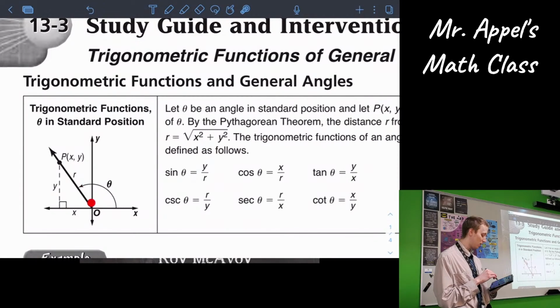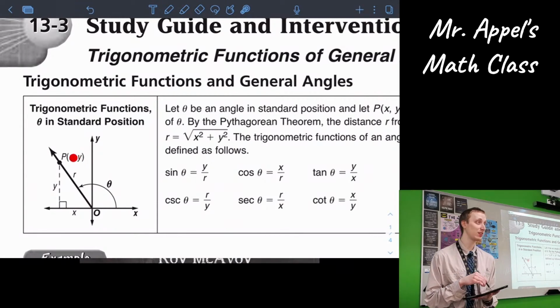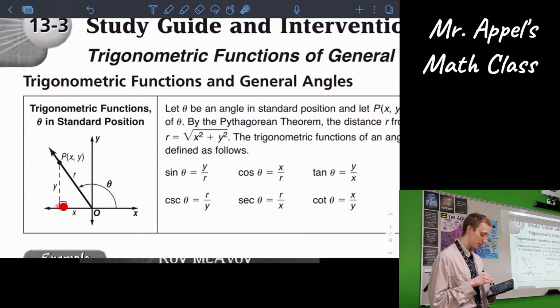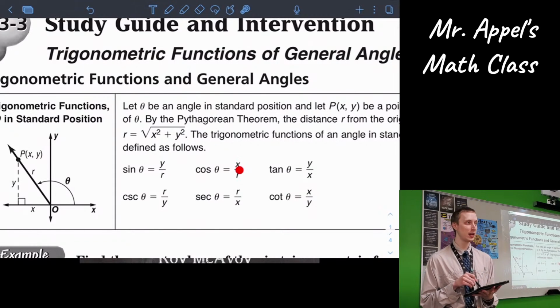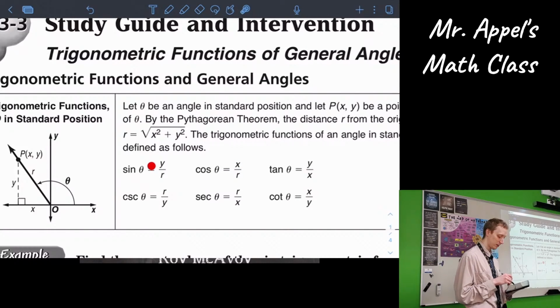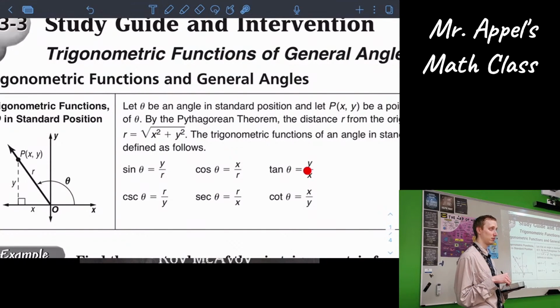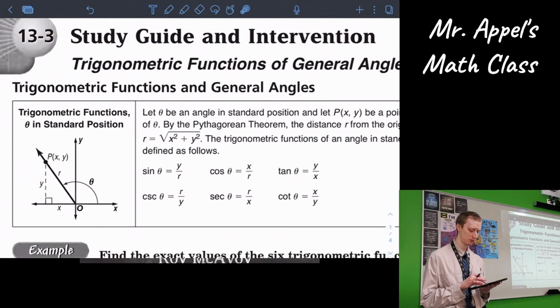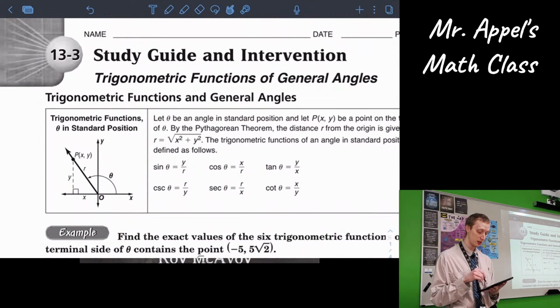R has no sign, but your x and y coordinates will have signs on them. Over here, x is going to be a negative number, isn't it? So anytime there's an x involved, look, cosine turns negative, sine stays positive. Tangent has an x that is negative and y that is positive, so tangent turns negative, doesn't it? That's all you really need. The other half is extra. Okay. Any questions on that bit?